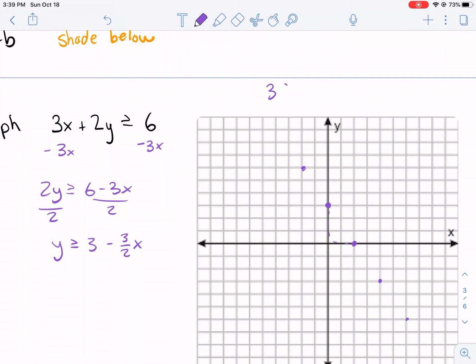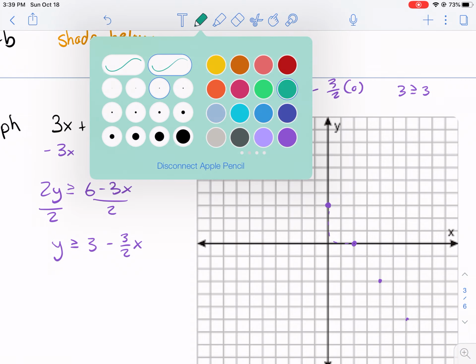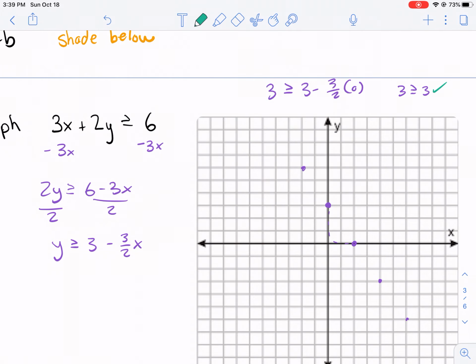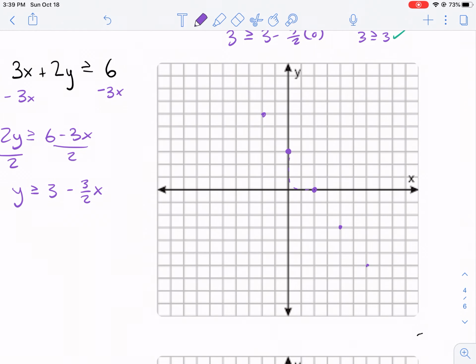If I plug in 3 for y and 0 for x, you'll see that 3 is greater than or equal to 3. That makes a true statement, so it can be included in our solution, meaning all those points along the line can be included. I'm going to connect the dots with a solid line. There's our solid line.